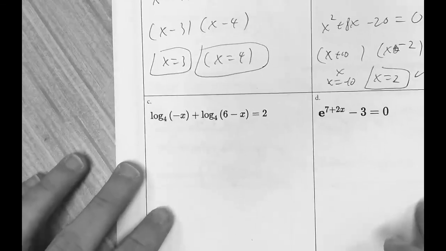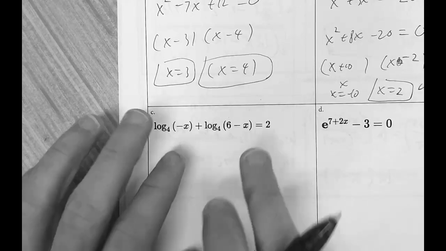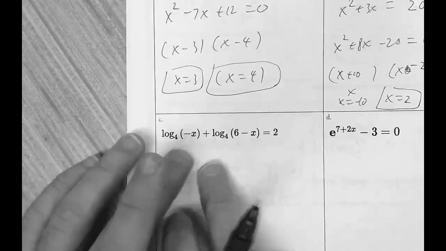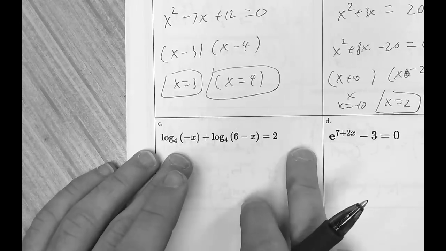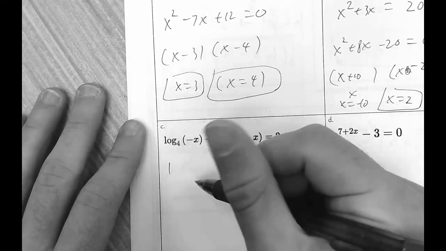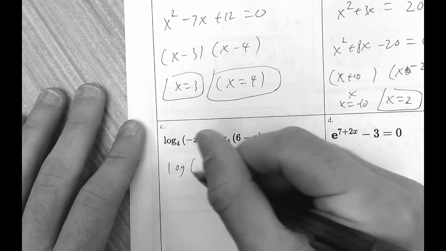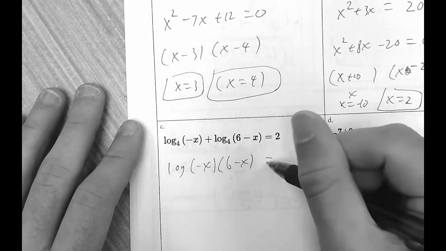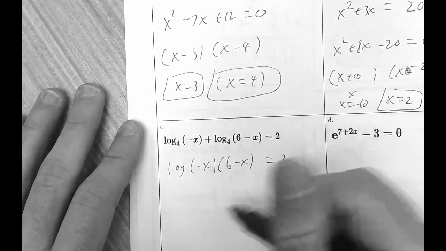Okay, here this is the type 2 where we're not going to get logs the same on both sides. We're going to have logs on one side, and then we're going to have a number on the other. So here we'll get log base 4 of negative x times 6 minus x equals 2. We're going to multiply these.